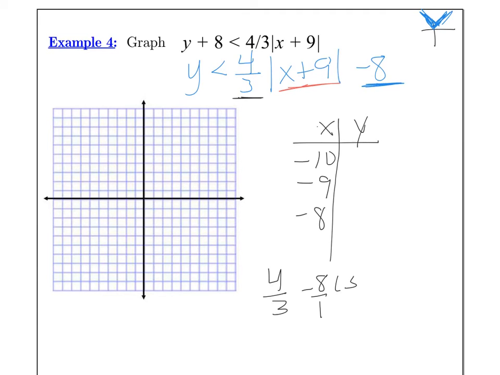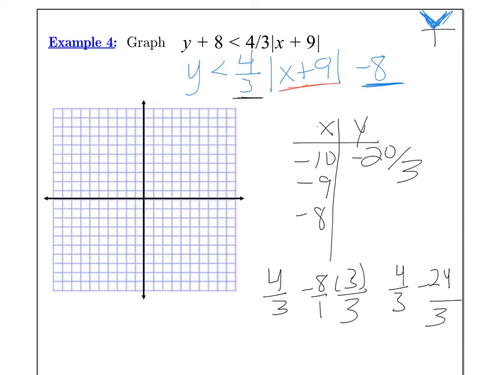And I'm doing a little bit more work than I have to, but I want you to have a strategy just in case you don't have an easy equation to do. So this would be 4/3 minus 24/3. So that would be negative 20/3.